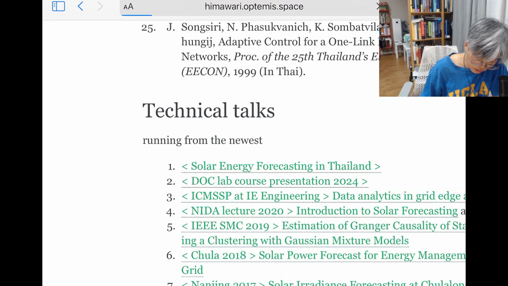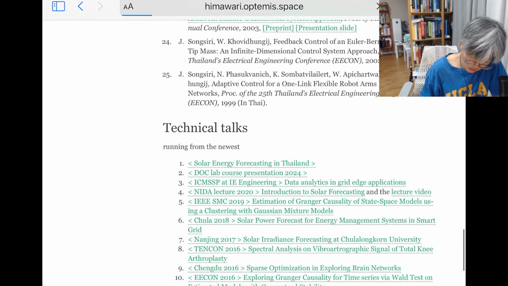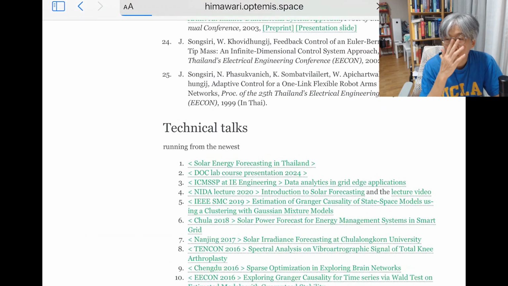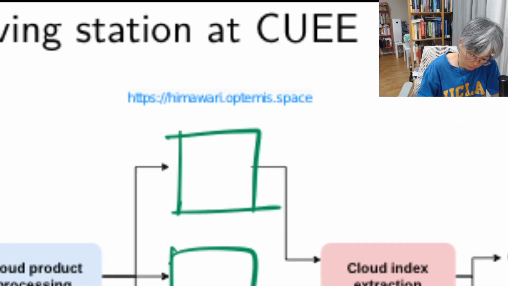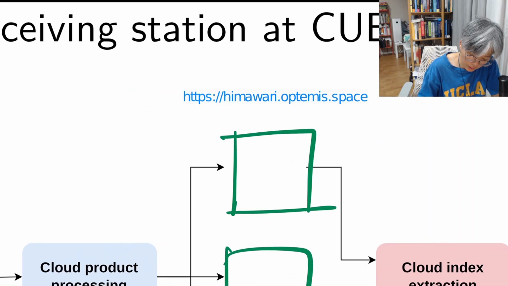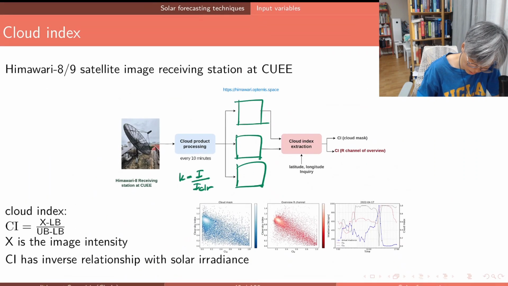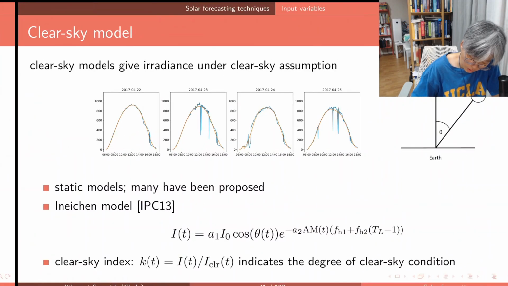I'm not sure if it's going to show or not. No, it doesn't show. Never mind. I hope that you browse this website and you're going to see some examples of the cloud image.